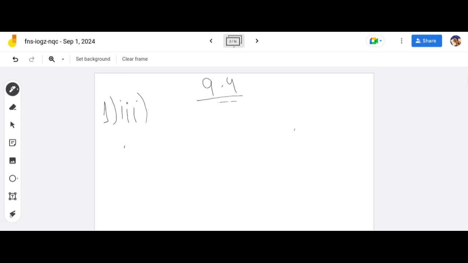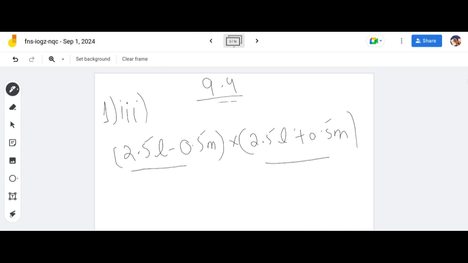I have to solve each term. It means I can break this part to multiply with this part. Can I do that, Sukaina?